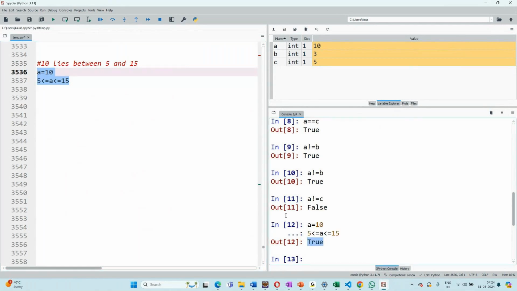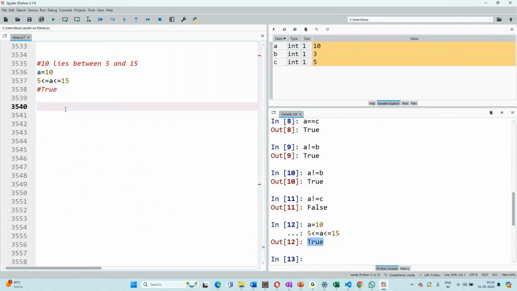So in this way you can also use this operator.